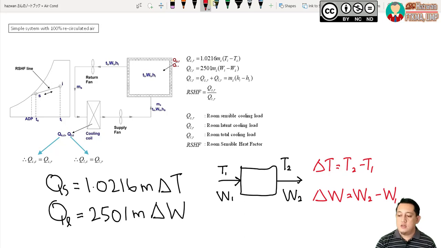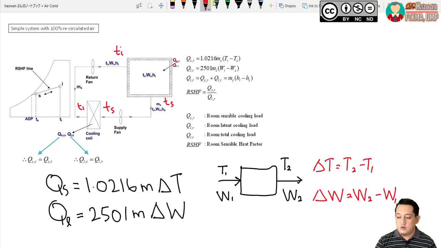The air entering the cooling coil is at Ti, and the air supplied to the room is at Ts. The air leaving the room is at Ti.